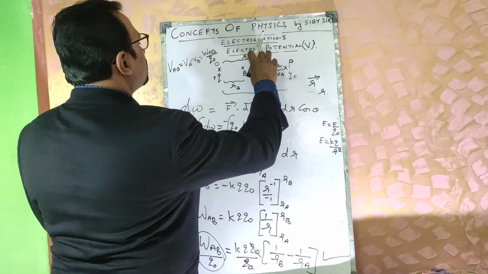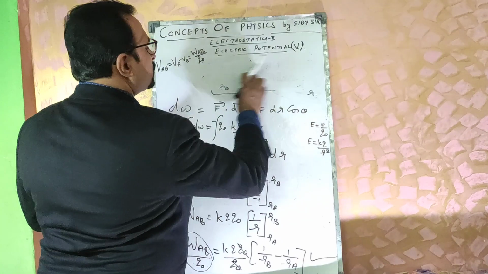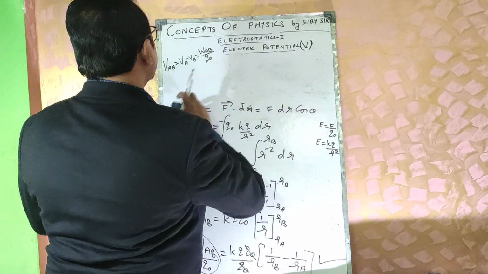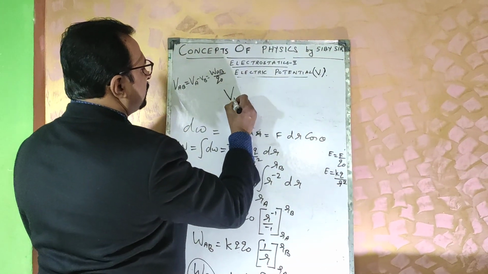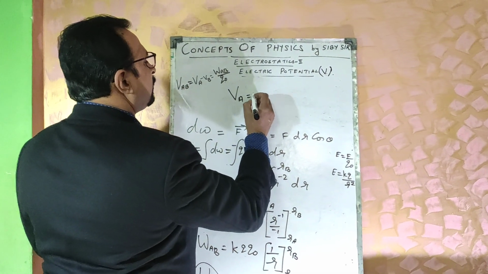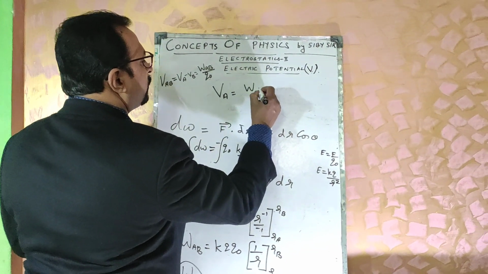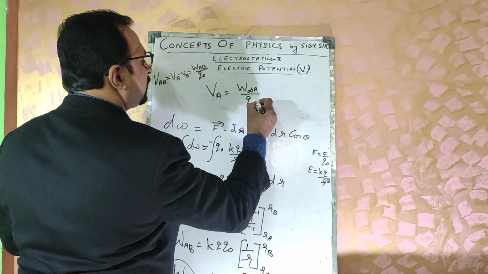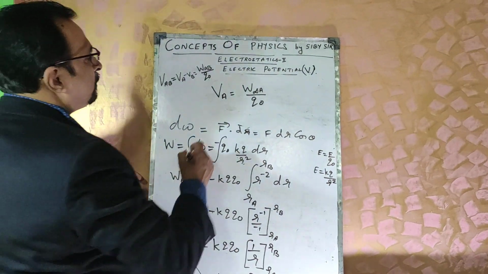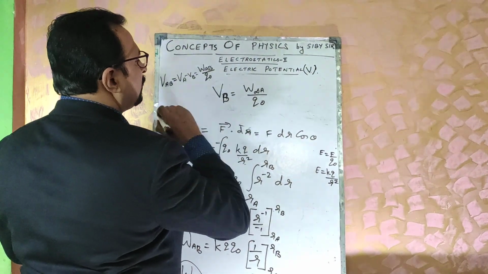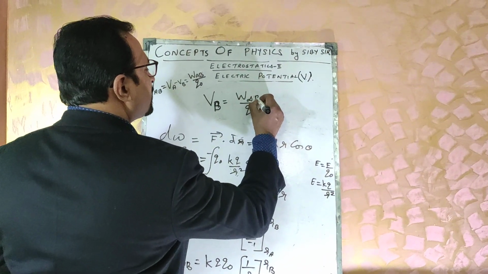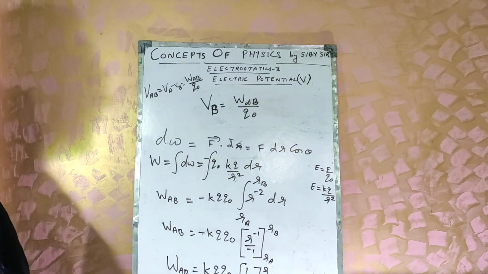Now, based on this definition, you can move to potential also. Suppose you need electric potential at A. What is the meaning? Work done to displace the charge from infinity to A by Q naught. What is the potential at B? Work done to displace the charge from infinity to B by Q naught.